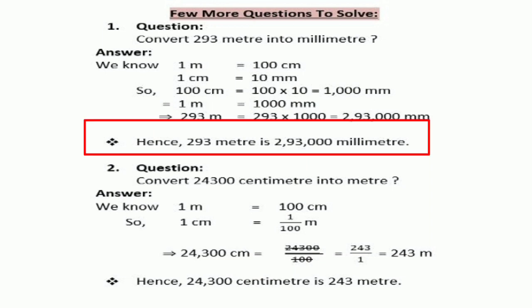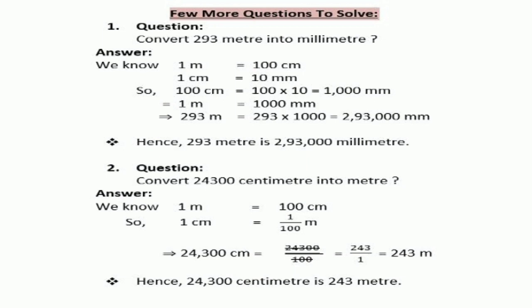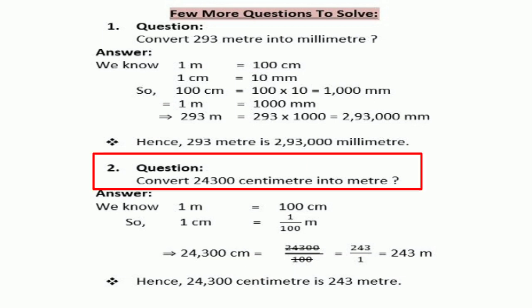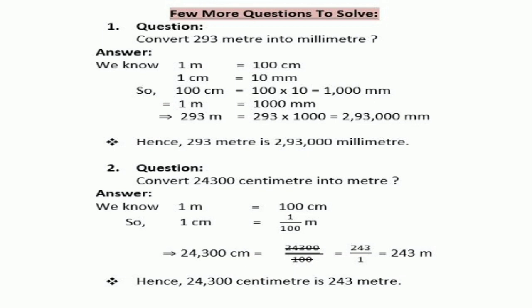So next move to conversion of smaller unit into larger unit. Here we take an example that is 24300 centimeter into meter. We all know 1 centimeter is equal to 1 by 100 meter.